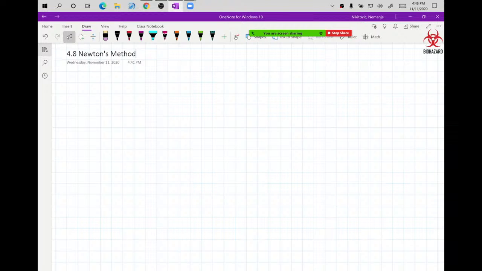So what do we do here? Well, we are approximating or calculating the zero of a function. So we use it to find zeros. Now, what is a zero?